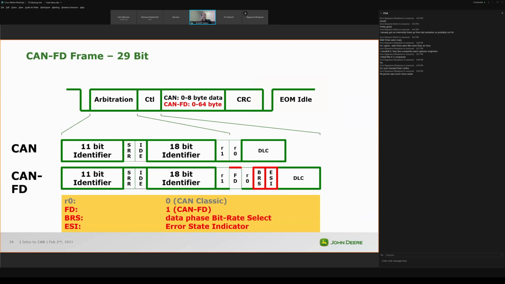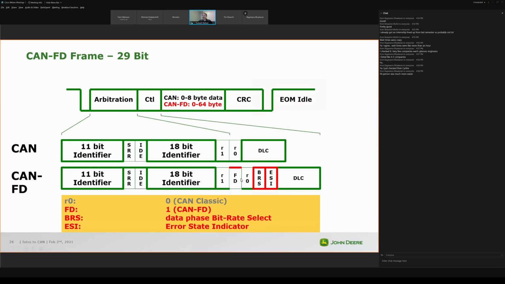To give you an idea what a CAN FD frame would look like, or at least the standard, like I said, it's built on CAN Classic, and you can see that the arbitration, the data, the basic structure is still the same, including CAN FD. Here I'm showing you only 29-bit, but CAN FD supports between 11-bit and 29-bit identifiers too. In the 29-bit, you could see that Classic looks the same.